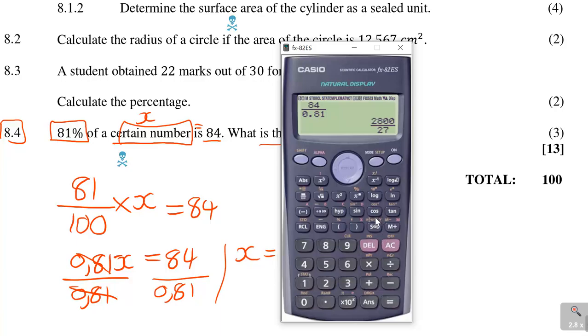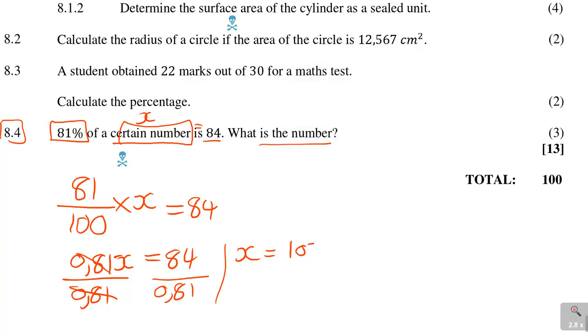It will give you that number, which is 103.7037. But you can use a calculator to round off for you. It becomes 103.704. So 103.704. That is the number.